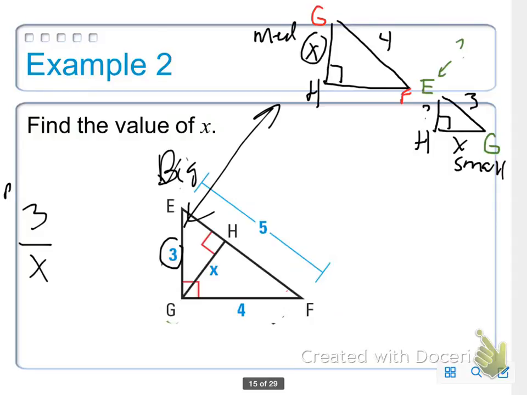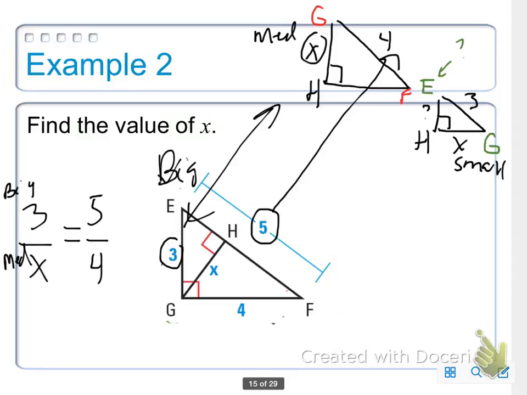So this is the big, this is the medium. Let's go back to the big one and see what we got. Well, we've got a 5. It corresponds to 4. So we'll put big on top here, 5 over 4. That's one way to do it. Let me clean it up a bit.